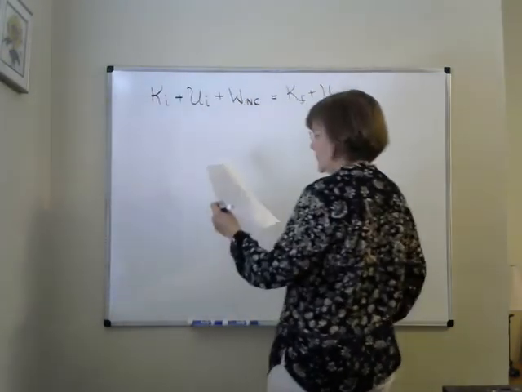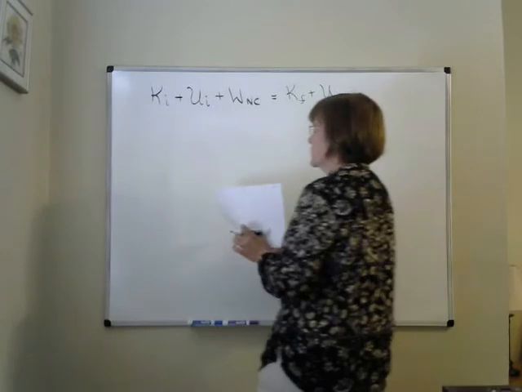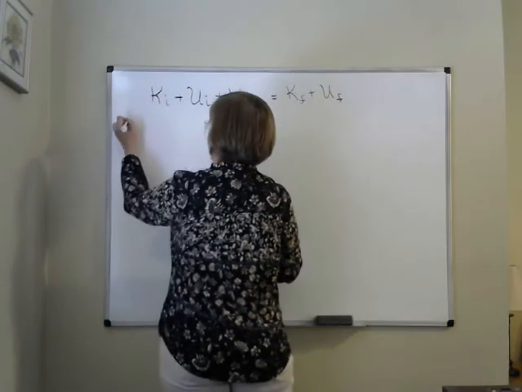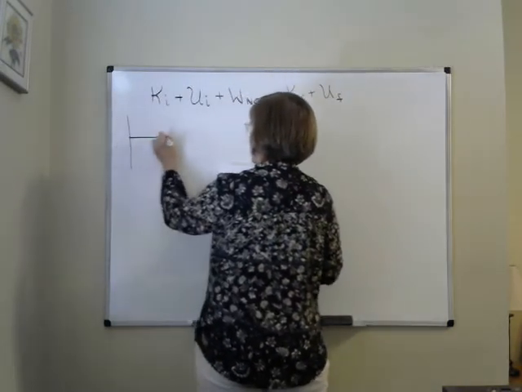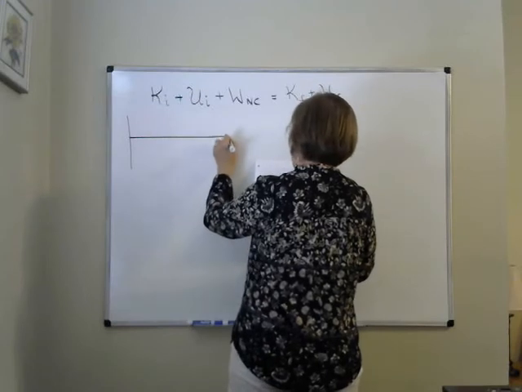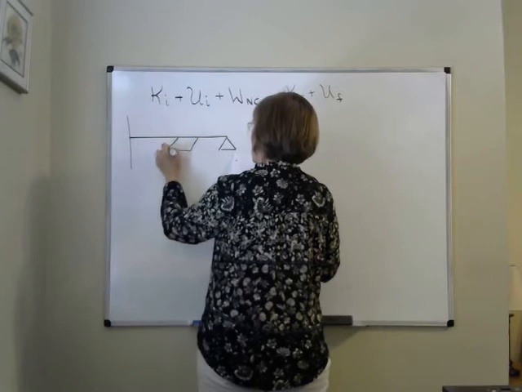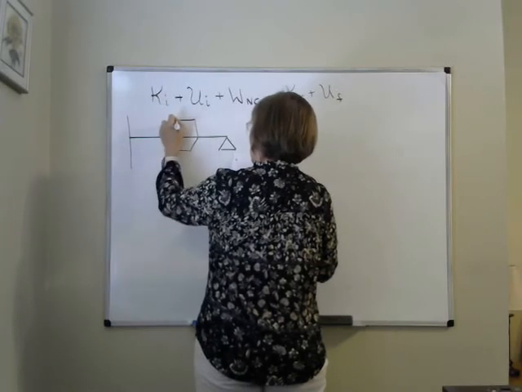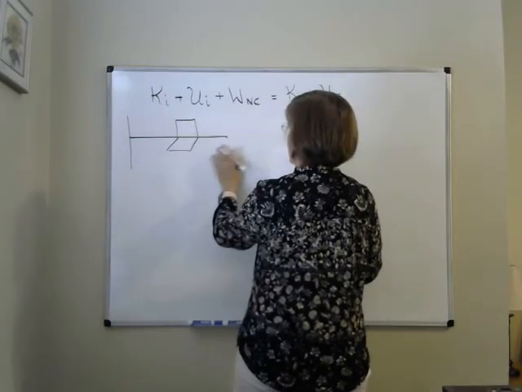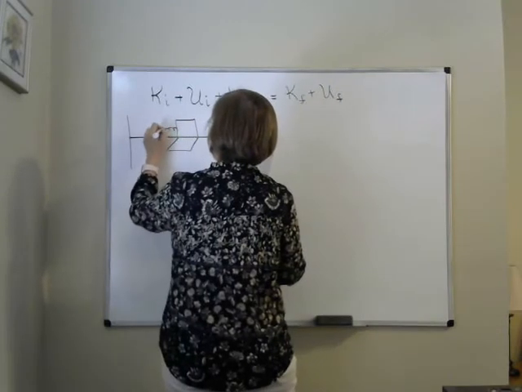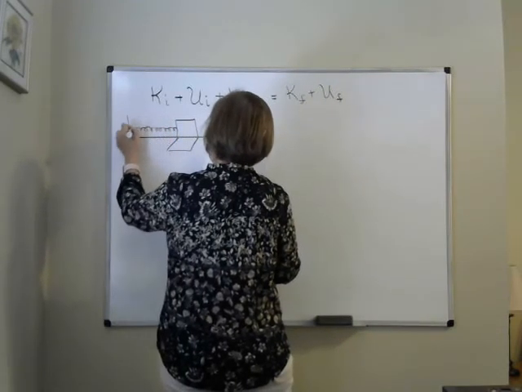This example is in your textbook. It concerns a glider on an air track, and we've looked at this picture before. There's an air track. Here's a glider sitting on it. Maybe I need to make it a little longer. It's attached to a spring. There's equilibrium.